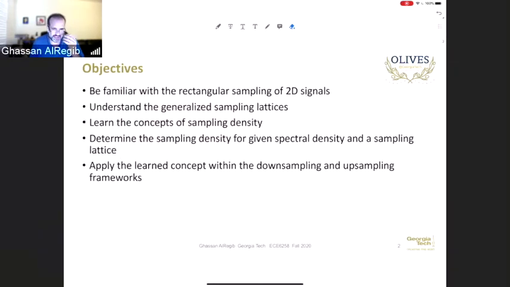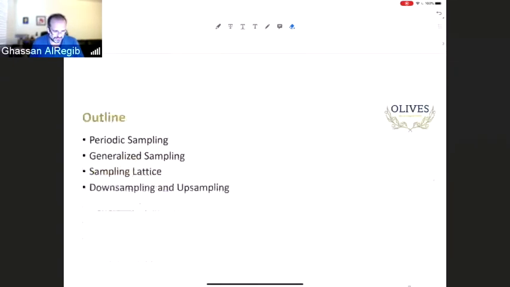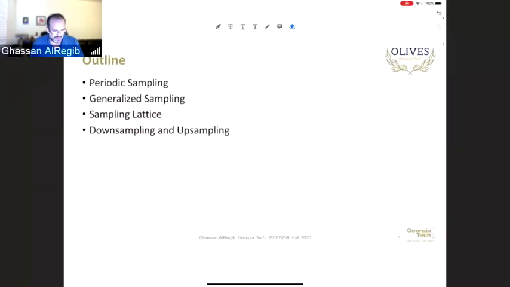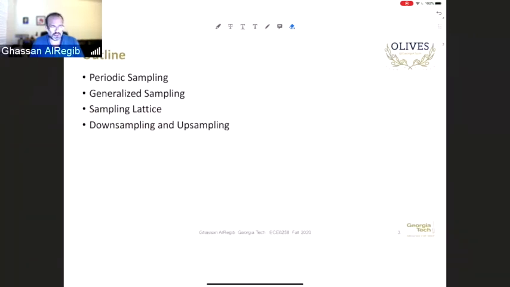So that's really the main purpose of this lecture. So the outline: we'll spend some time on periodic sampling and rectangular sampling specifically. And then we generalize that and look at some lattices and examples of lattices. And then we briefly look at downsampling and upsampling.